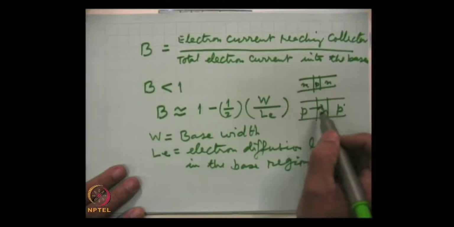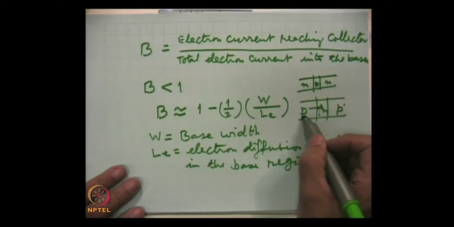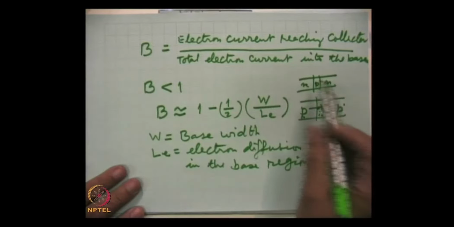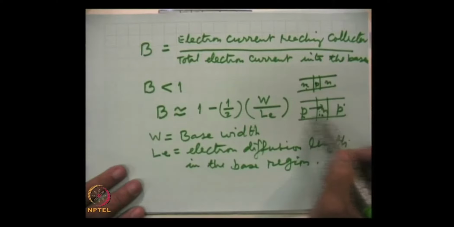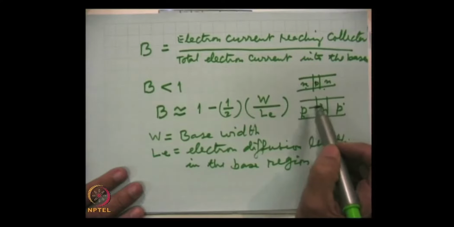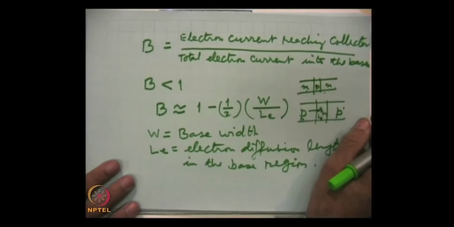So in a PNP transistor, holes are in minority in the N region, and the role of electrons in NPN or holes in PNP transistor in the base region, they are minority carriers, and this is the most significant part in the transistor operation.